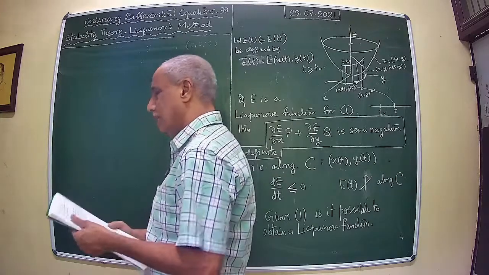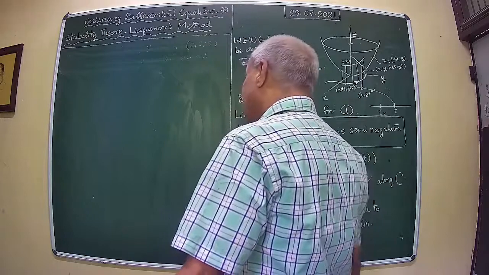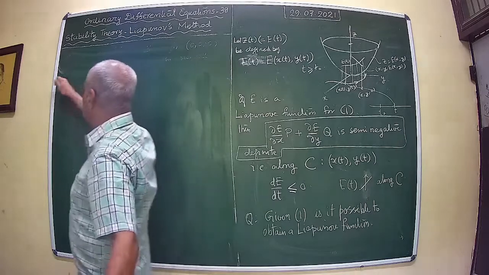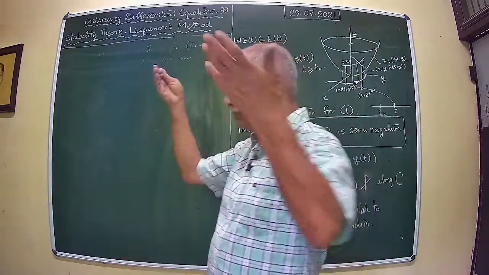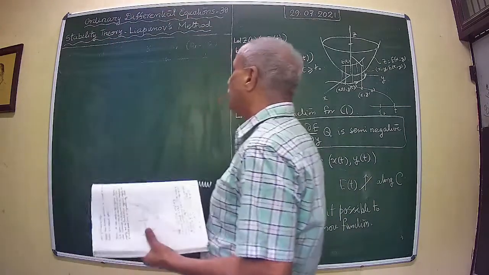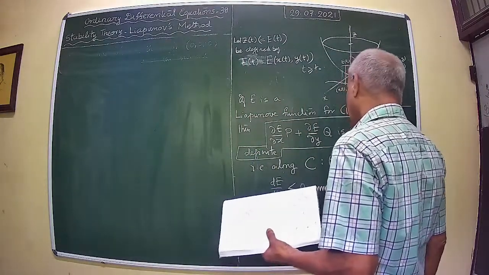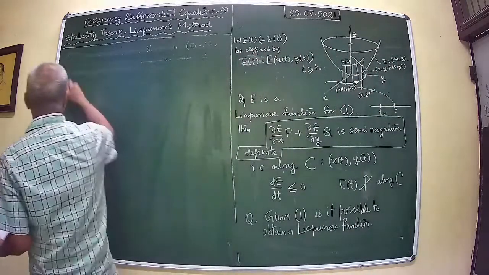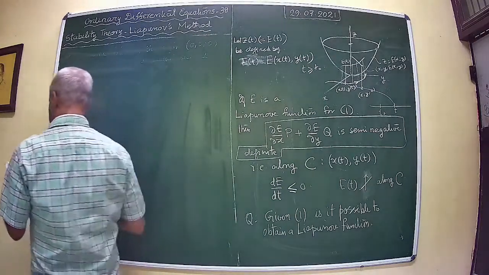We will look at a physical example, the dynamical situation of the motion of a spring or simple harmonic motion. In all these cases, you will see that the Liapunov function turns out to be what is called the energy expression. So we will state the theorem.